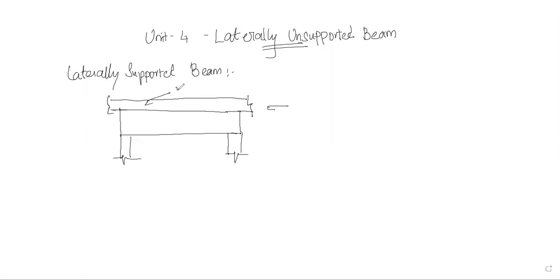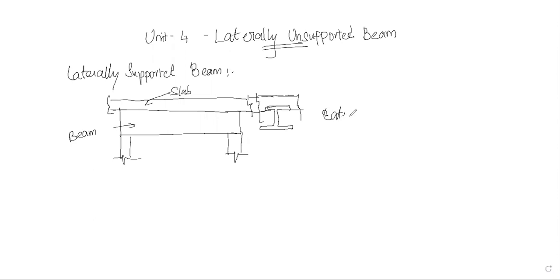Okay, this is a slab or something, and this is our beam. So the compression flange of the beam is inserted inside the slab. This type of structure is said to be a laterally supported beam.